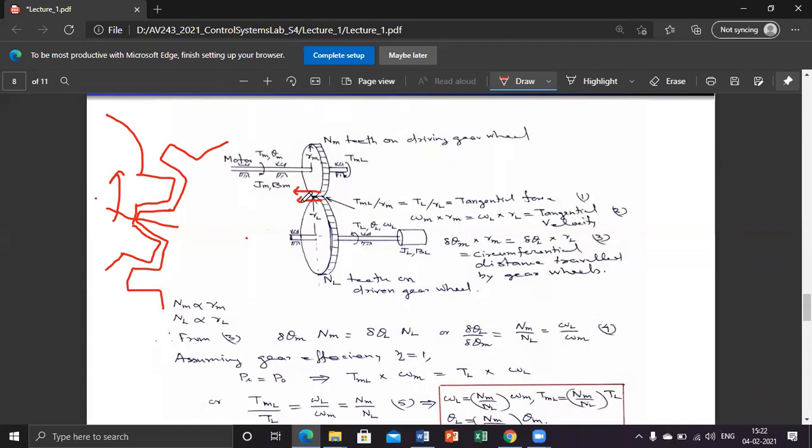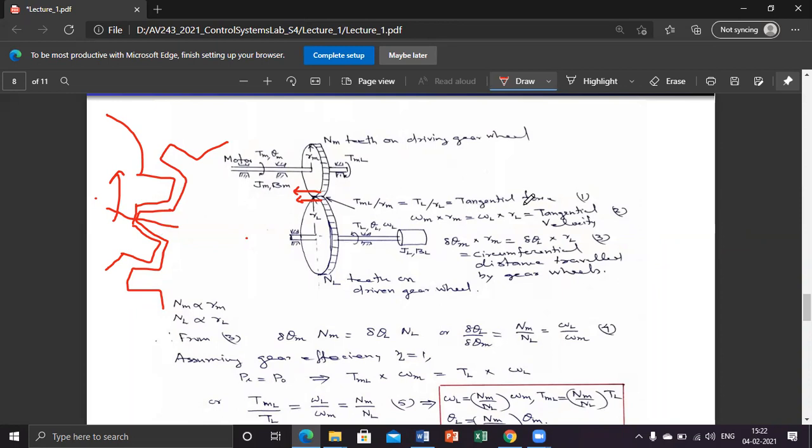The tangential force applied by the driving wheel at this point to the driven wheel is the same as the tangential force received by the driven wheel, assuming there is no loss like friction loss at this contact point.